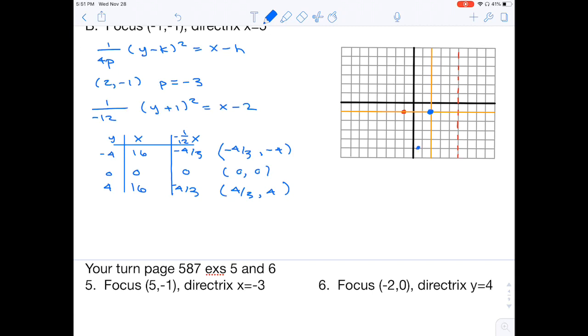So that looks like maybe about there. And the other one's going to be in the opposite direction. 1, 2, 3, 4. So maybe there. That looks a little bit off, but hopefully it's right. The graph's going to look something like that. Okay.